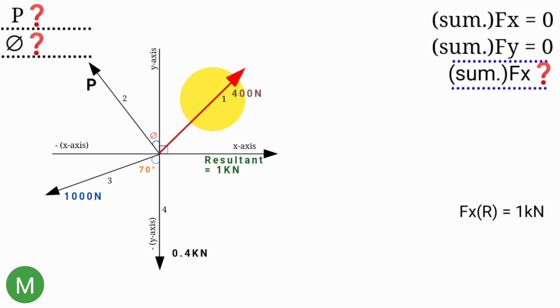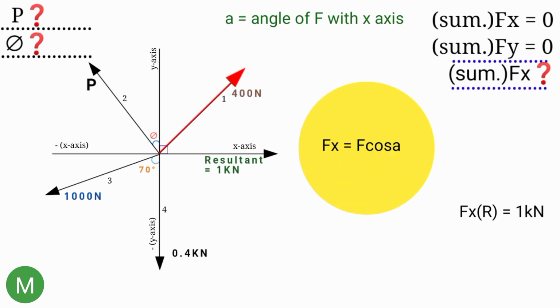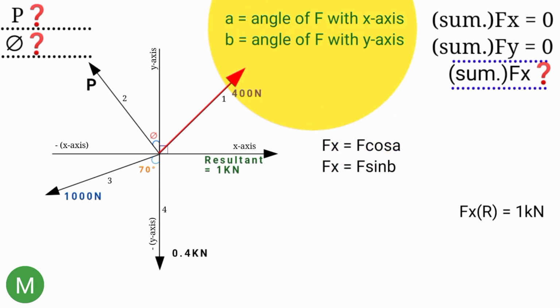Here, for 400 Newton, what is the Fx for 400 Newton? The formula for finding the x component is F cos A, where A is the angle the force makes with the x-axis, or F sin B, where B is the angle the force makes with the y-axis.